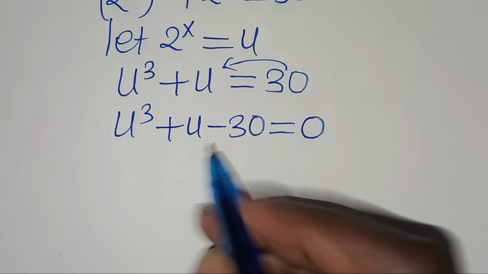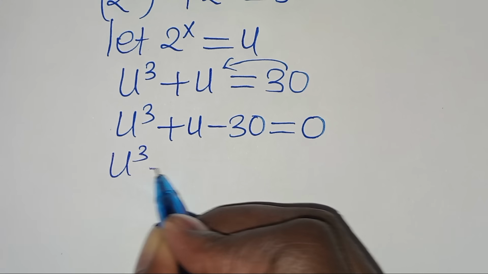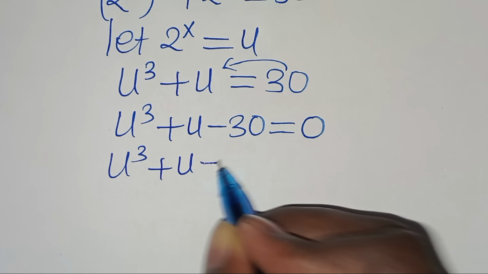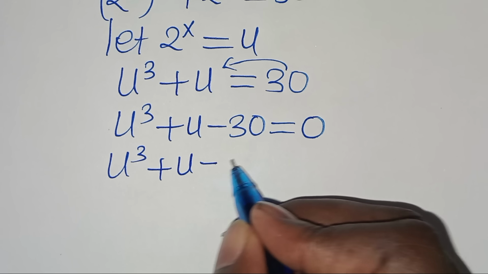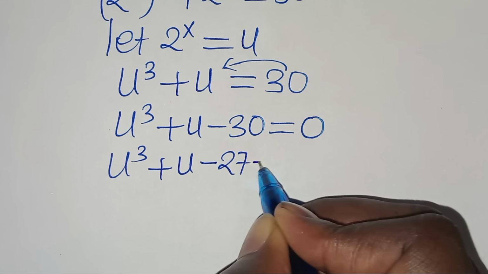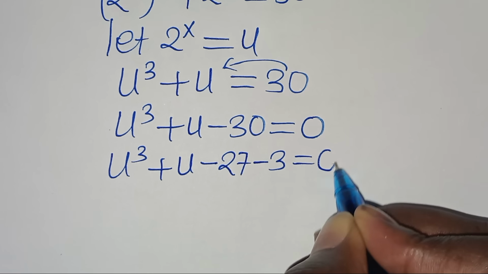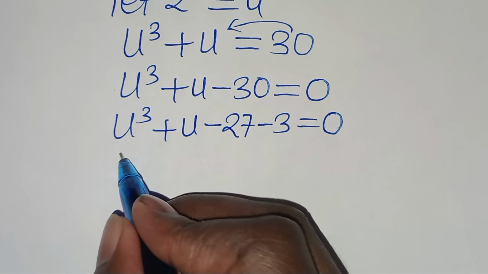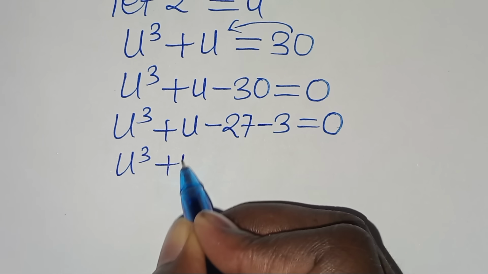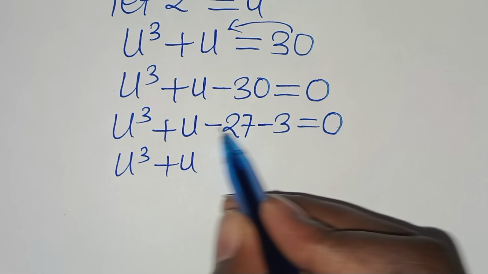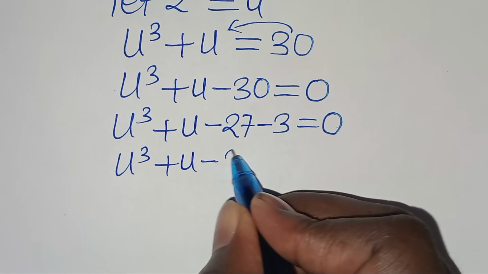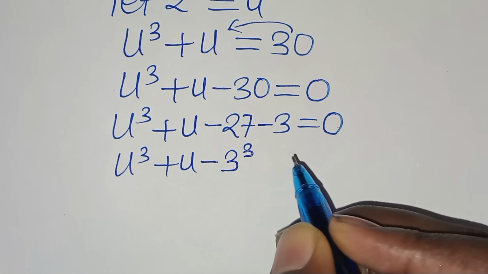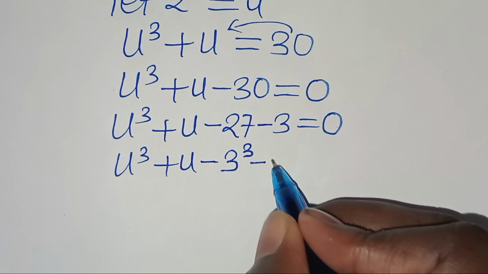Now, we have u to the power of 3 plus u, subtract 30, which we have as minus 27 minus 3. This is equal to 0. Now, we can express minus 27 as minus 3 to the power of 3, then minus 3.